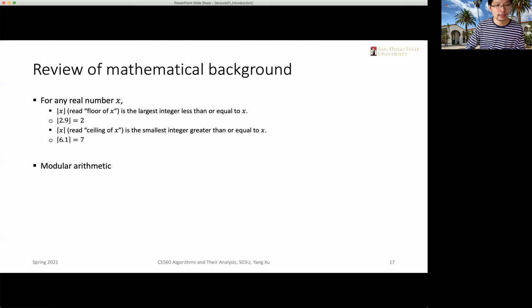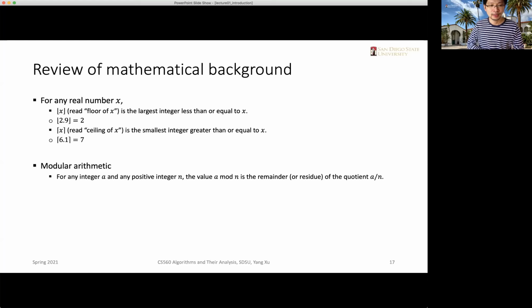All right, and modular arithmetic. It basically deals with when you divide two integers. Say you want to divide an integer a by a positive integer n, then if we write this notation a mod n, it is the remainder of the quotient a divided by n.